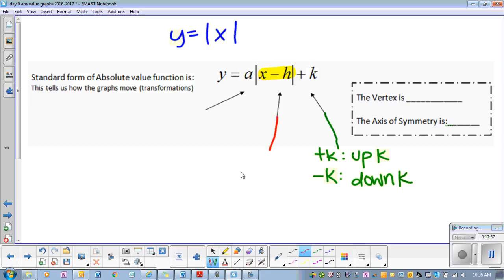If I have x minus h, how does that move it? Right h. Good job. It's kind of like the opposite, right? Because you want to say left because it's minus, but no, it's right, when it's inside the grouping symbol with the x. So then if it's x plus h, it has to move left h. Good.